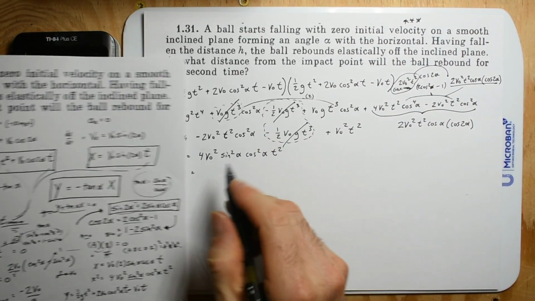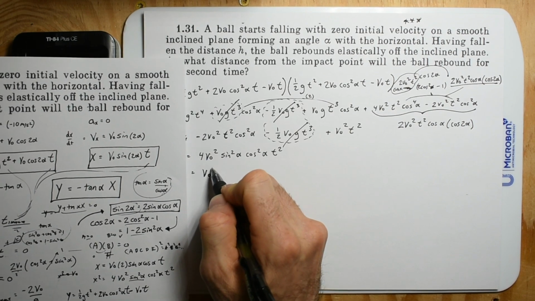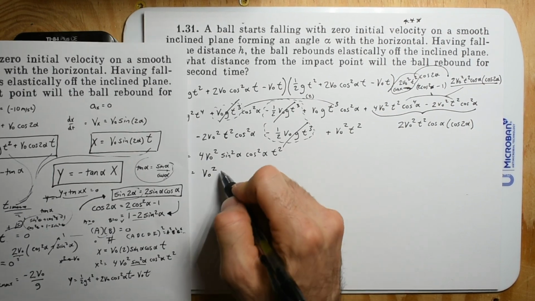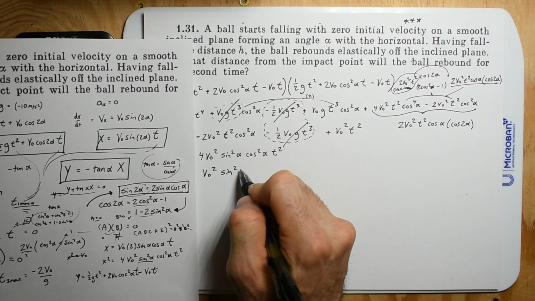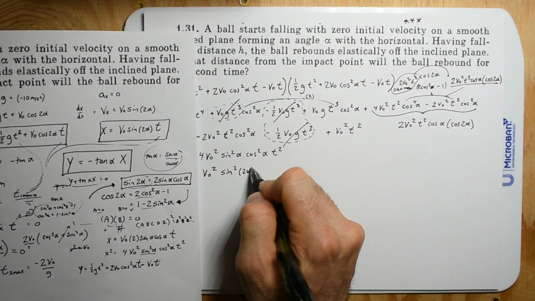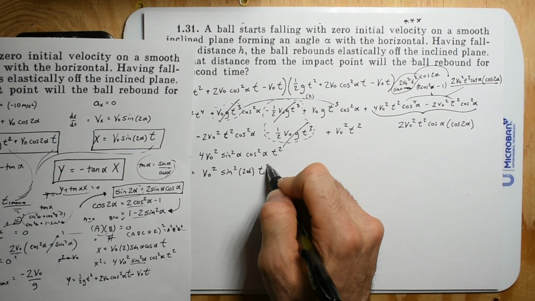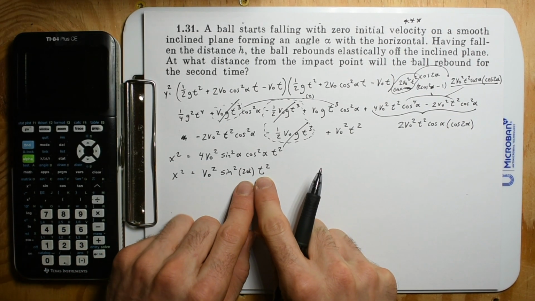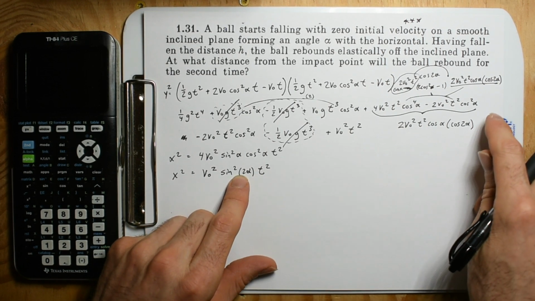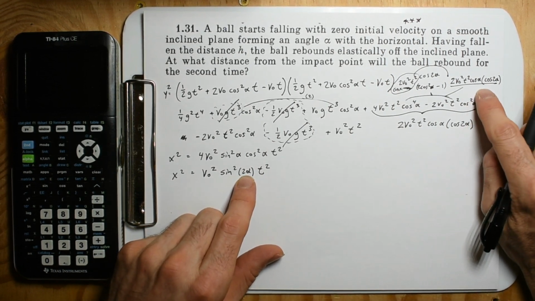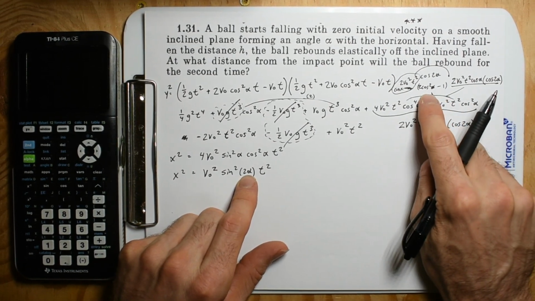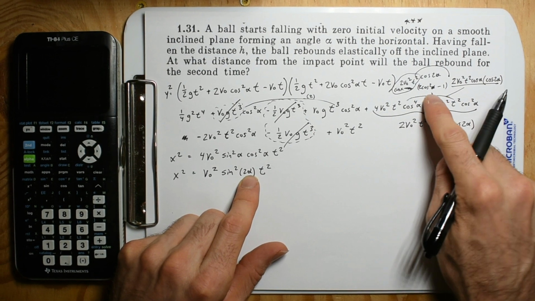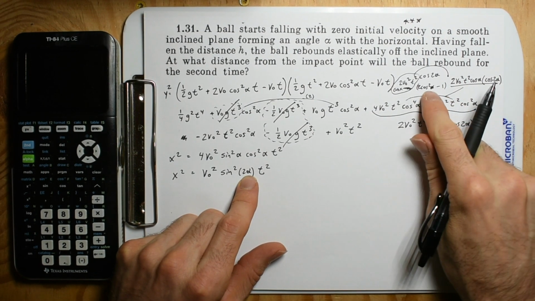It's just this squared. So v naught squared sine squared 2 alpha t squared. Because then if we get it like this, if we have something that is cosine, see how we got this as cosine 2. Didn't we get this as cosine 2 alpha?